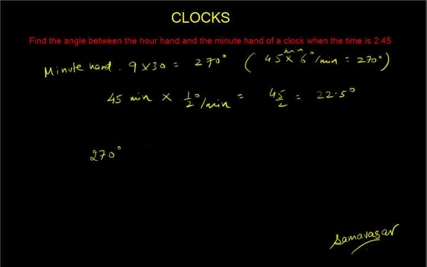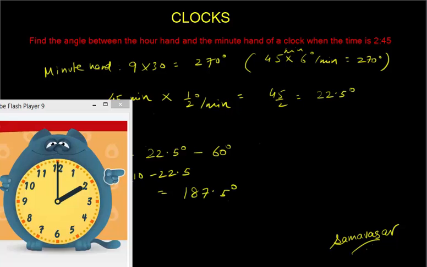So 270 degrees minus 22.5 degrees minus 60 degrees will give you the angle between the hour hand and the minute hand. We just solve this. This is 210 minus 22.5, which is equal to 187.5 degrees, and that is the answer.